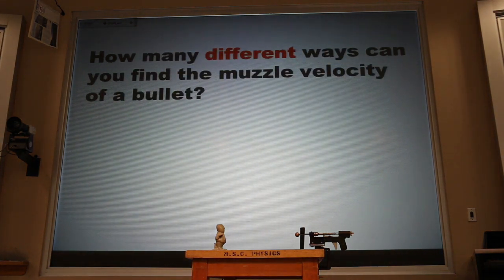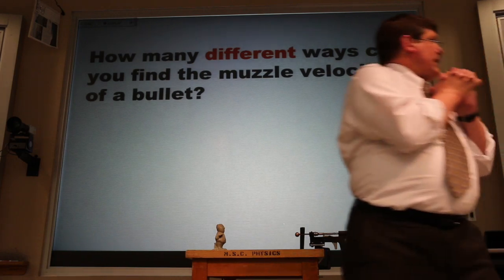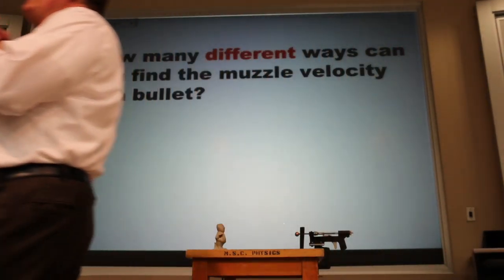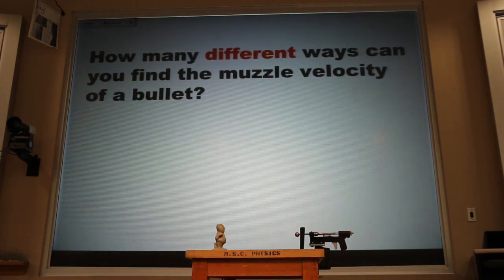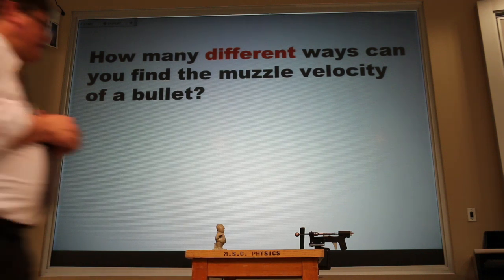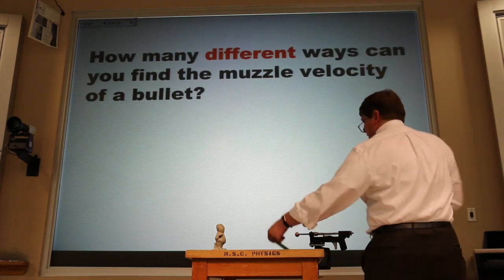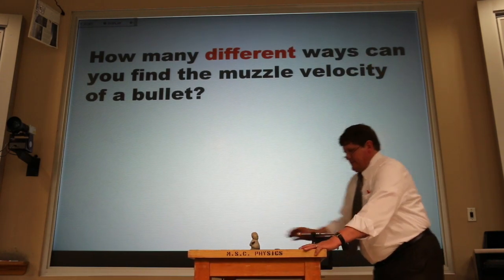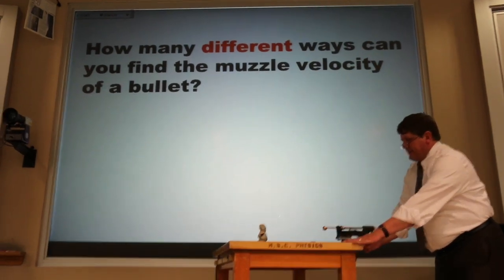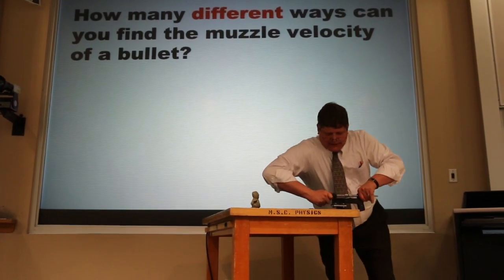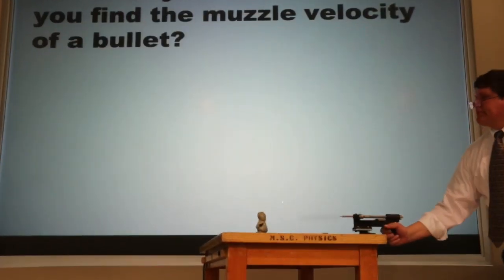Okay. For the rest of the time, what we're going to do is use the principles that we've learned thus far in our physics class to try to calculate the muzzle velocity of a gun in as many different ways as possible. Now, today, the only kind of gun that I can possibly bring into class is this one here. Okay.